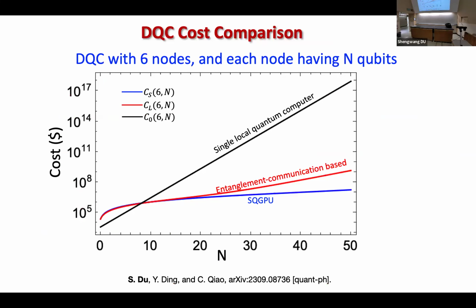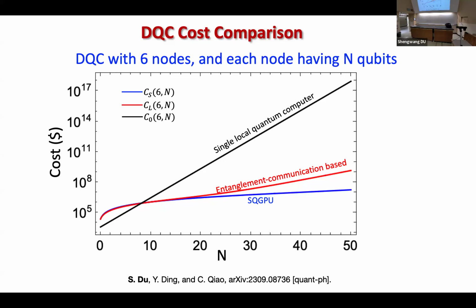Each node has n qubits, so that means you connect them together. If you have 50 qubits each one, multiply by 6, you get 300 qubits. So if you want to build a single quantum computer, like IBM, the cost in terms of that one, this is probably impossible.